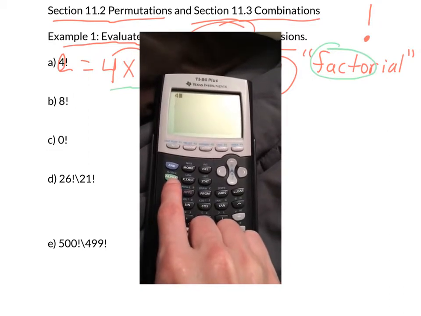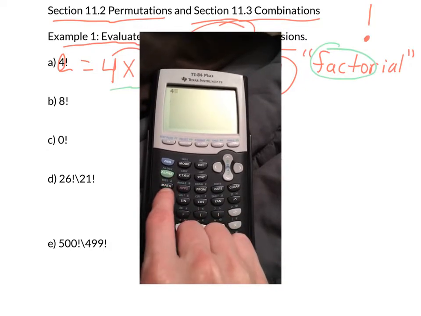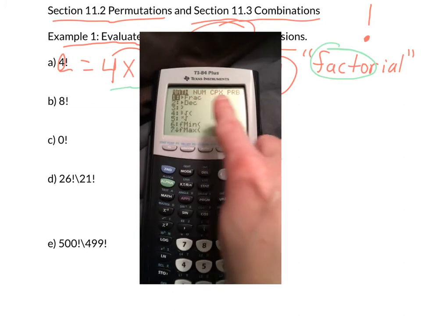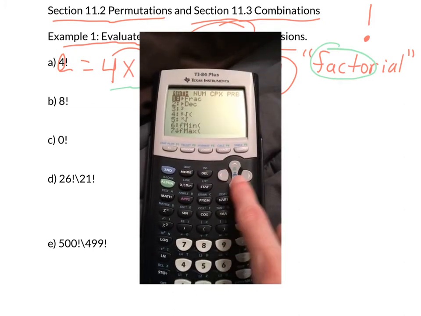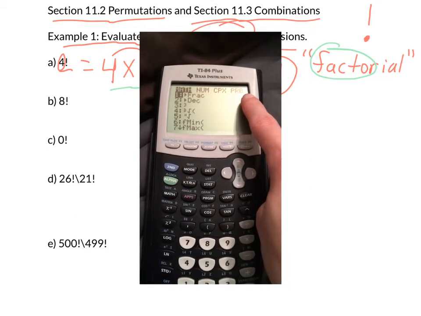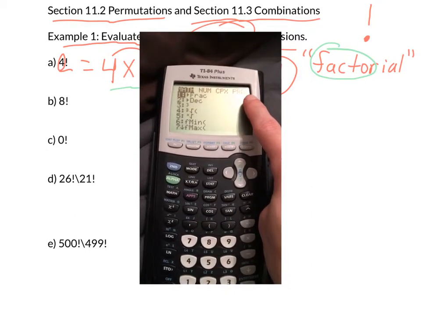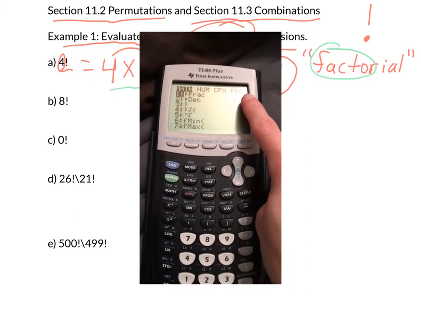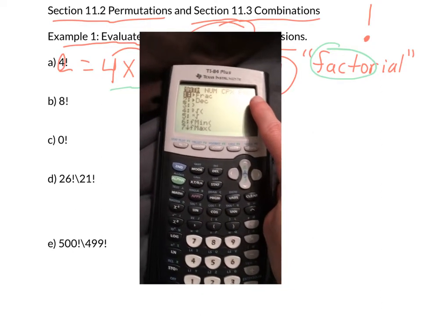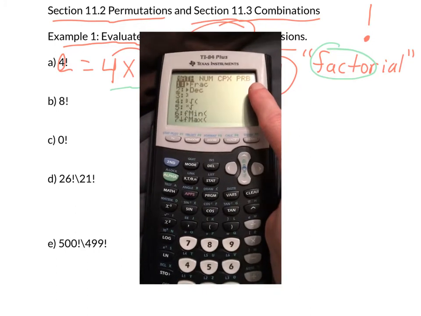Your alpha might be a different color than mine, that's fine. But hit the math button. As soon as you hit the math button, you want to use your arrows to scroll over to PRB. It stands for probability, the probability submenu. Both the counting and some of the probability formulas are located under PRB.